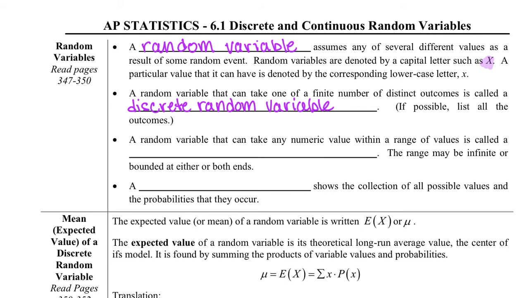So, we have 1 through 6. The probabilities are equal, but maybe it's a weighted die, or maybe this is a particular die that has 2 1s, a 2, a 3, and 2 4s. So things like that, where they'd have different weights, would be important. So discrete is where we have very specific values.